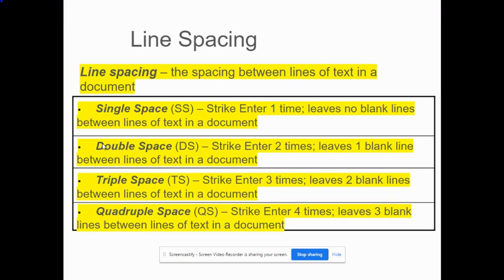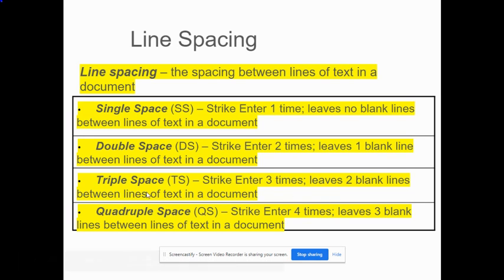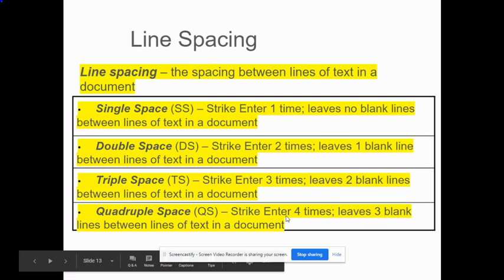Double space is when you strike enter two times and it leaves one blank line between text in a document. Triple space is when you strike enter three times, leaving two blank lines between your text. And then quadruple space is when you strike enter four times, which leaves three blank lines between your text.